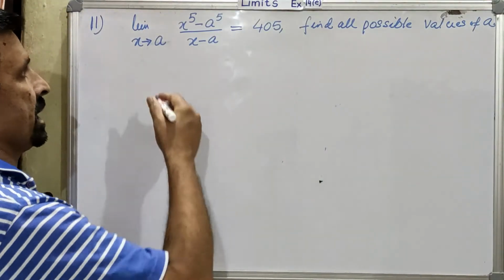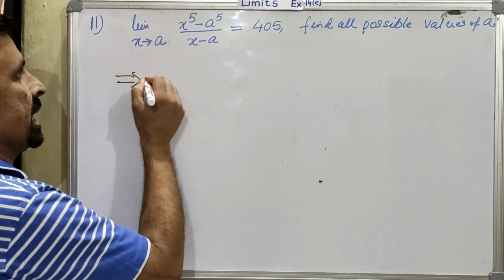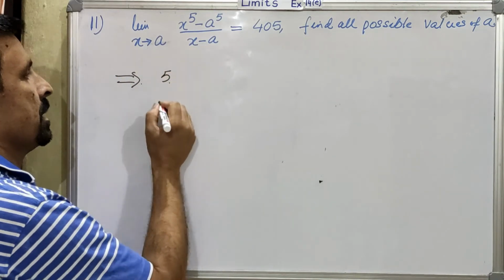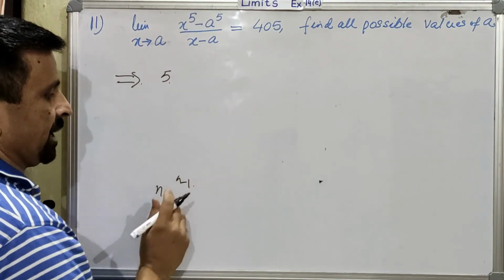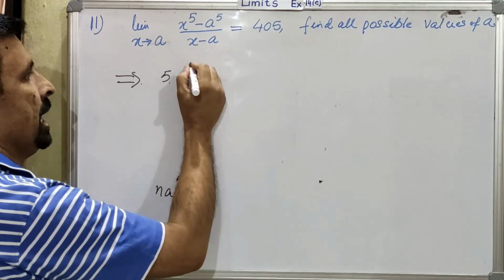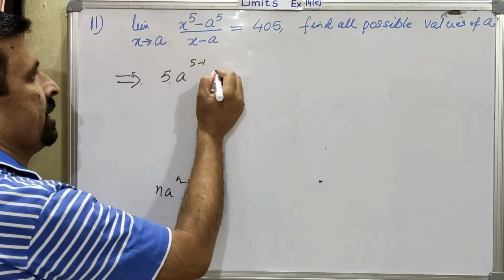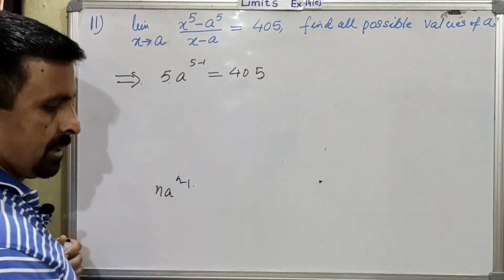Since the question is already in the proper format, we can write this answer. We will say 5. Answer is in the form of n a to the power n minus 1, right? So 5a to the power n minus 1, that is 5 a to the power 4, and this is equal to 405. Is this okay?